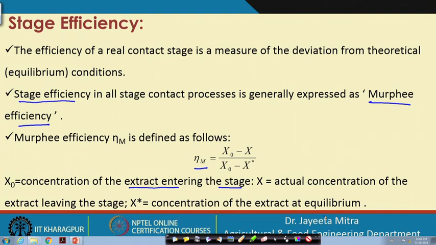So, this will give you the idea of how efficient your stage performance is in case of leaching. I mean this is true for multi-stage leaching or single stage leaching. Okay.